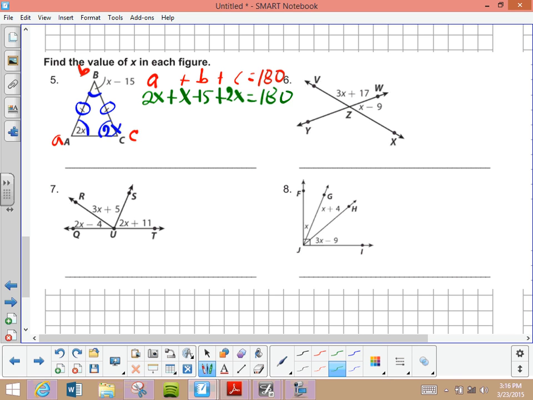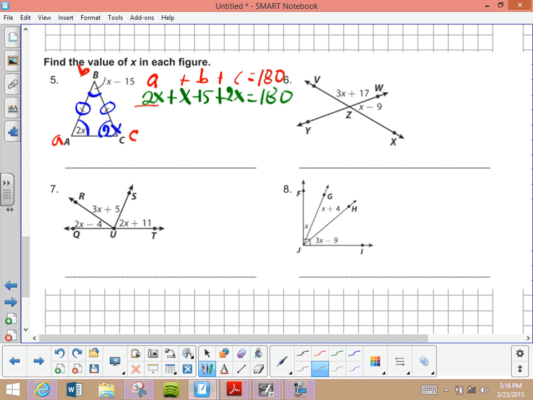Equals 180. Like all the angles of a triangle are always 180. I think you learned that in 5th grade, right? Maybe 6th.